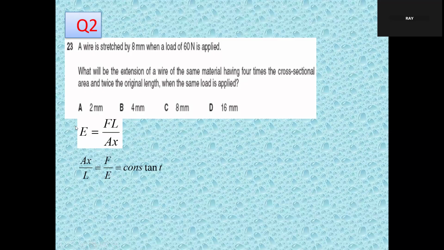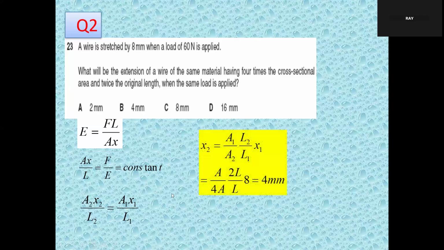So A, x and L take to one side. This is the original, this is the new length and the new extension. Okay, so you want to find x2, take this down, cross multiply, you got that.